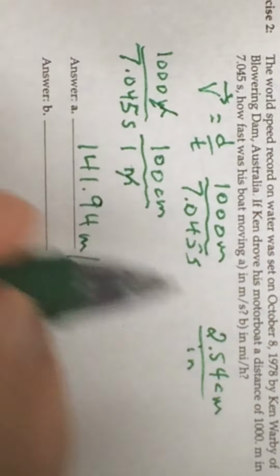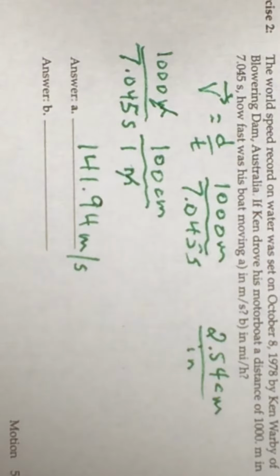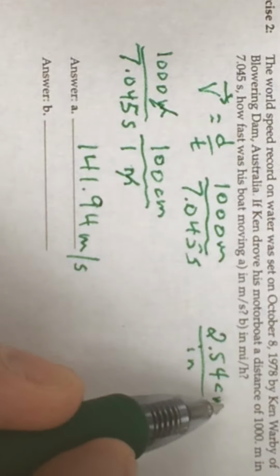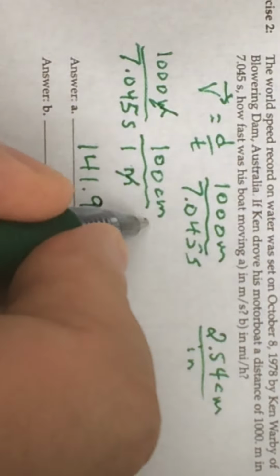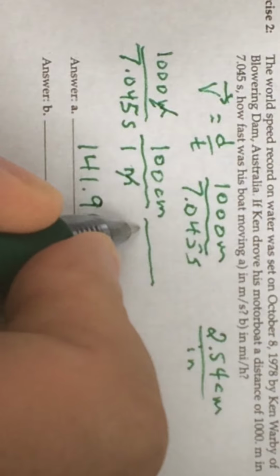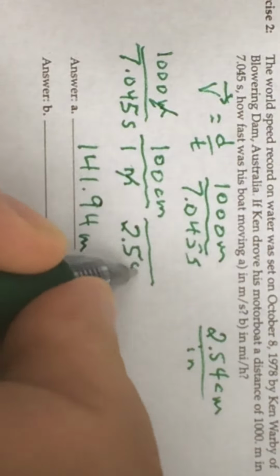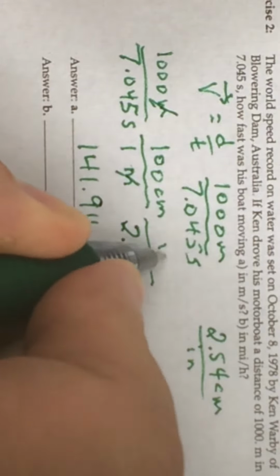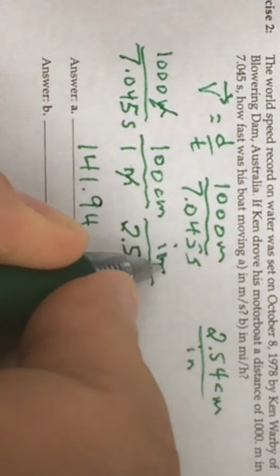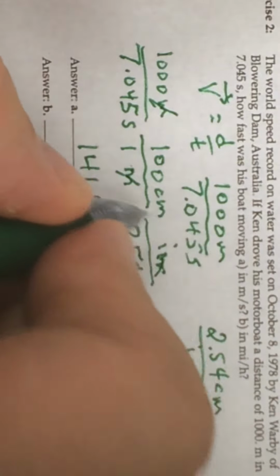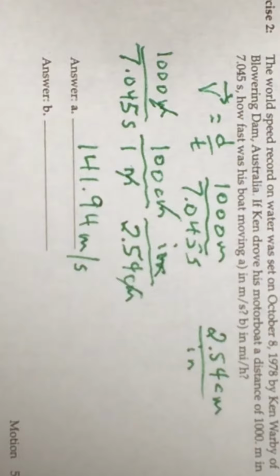My answer now is in centimeters per second. I want to go to inches, so I'm going to take centimeters here and get rid of it. And I already memorized, this is the only thing I do know, that 2.54 centimeters is in 1 inch. Okay, 1 inch. So now centimeters have canceled because that's top and bottom, and now I'm in inches per second.